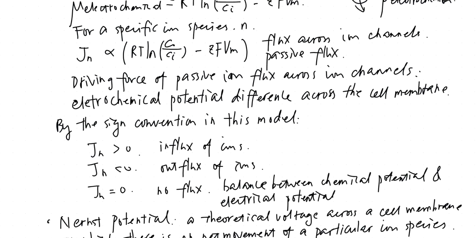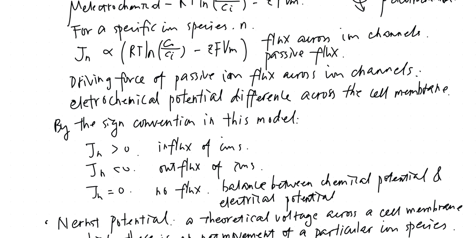Sorry, in this I needed to put a subscript n. C_n naught means the n species, because this flux is ion specific.